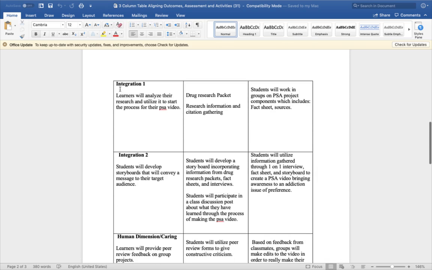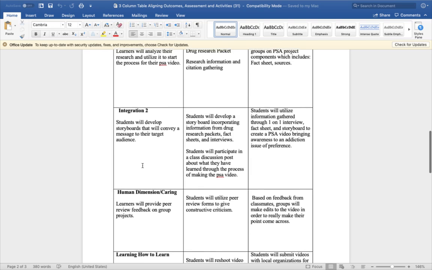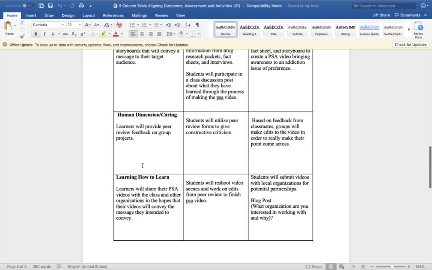Next, we have the integration 1 and integration 2 stage, and that's where they're able to analyze the research that they did through one-on-one interviews, through the drug research packet, through the fact sheet that they also will work on, and then in integration 2, they will be able to develop that storyboard and really tell that story based off the research that they were able to find.